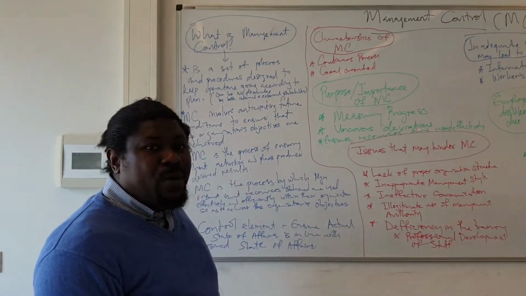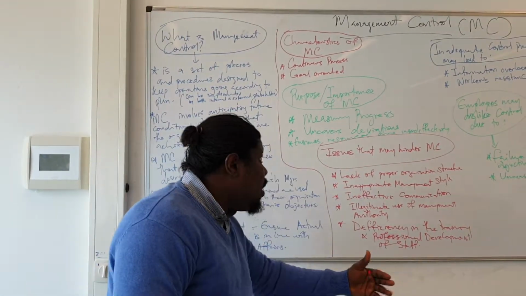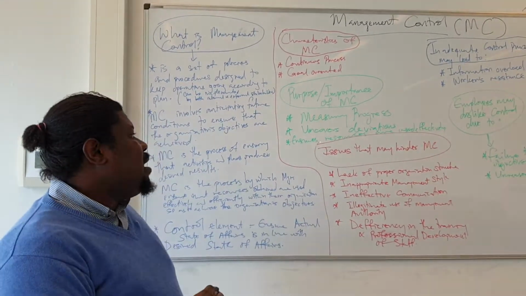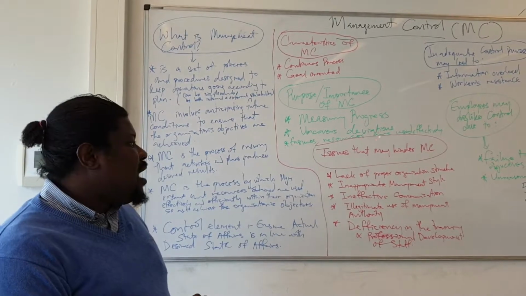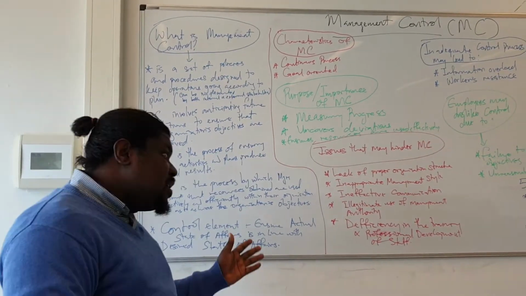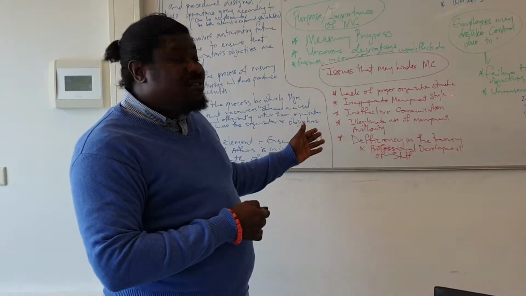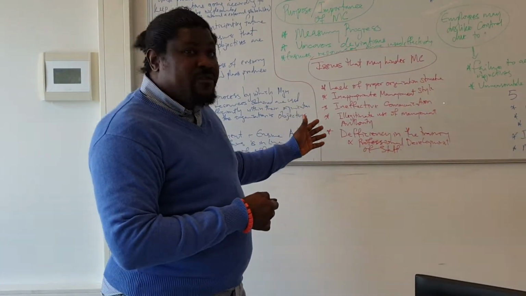We say it is important because it helps us to measure progress, it helps us to spot deviations, okay, and it helps us to make sure that resources are well utilized. Some issues that may hinder effective management control are ineffective communication.